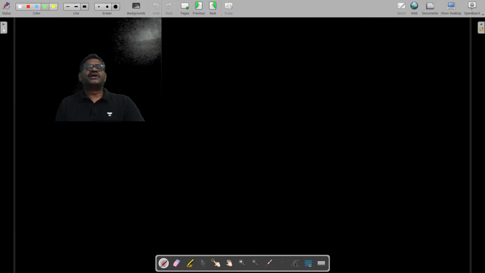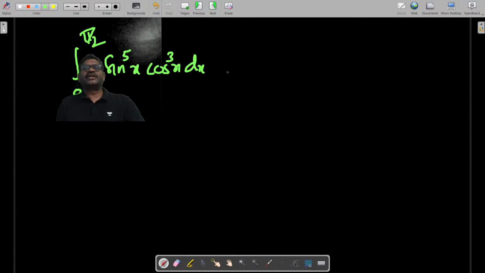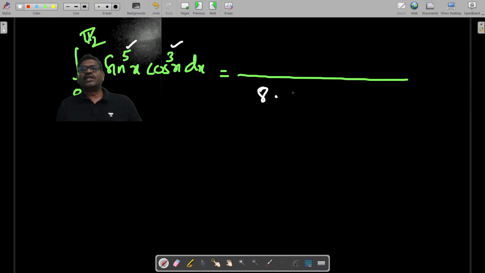Whenever limits are 0 to pi by 2, sin power m x and cos power n x dx, the denominator starts with m plus n. 5 plus 3 is 8, deduct 2 each time: 8, 6, 4, 2, don't deduct further.